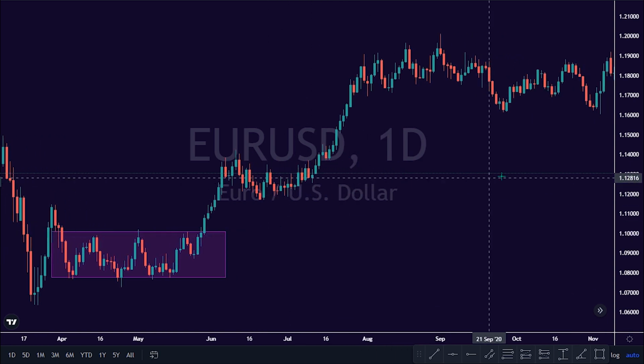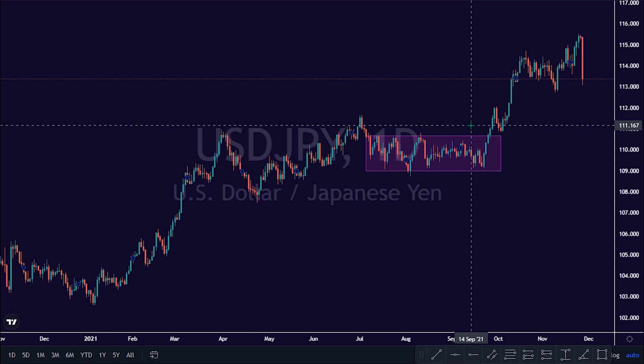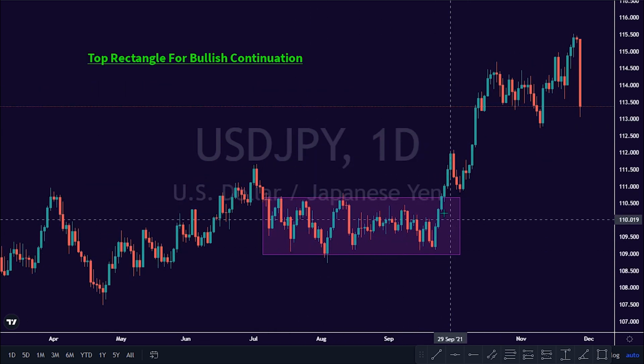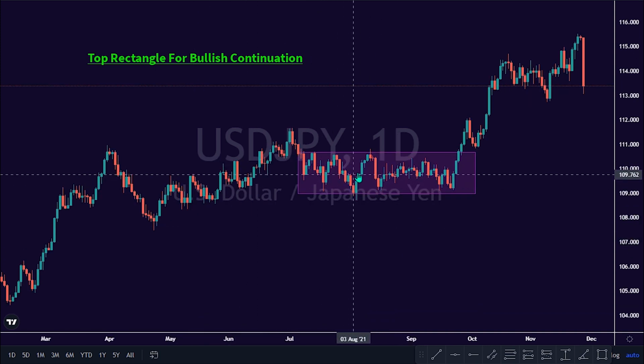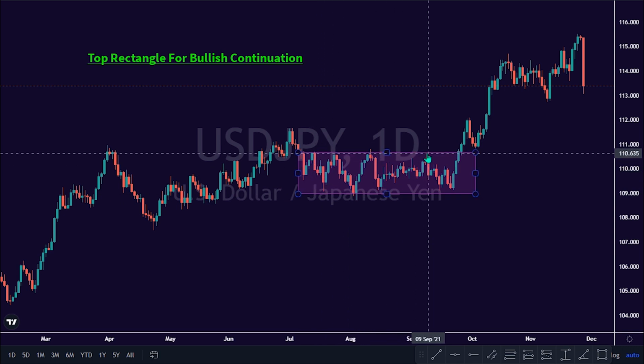It's time we discuss how to trade the rectangular chart pattern for the continuation of trend in the market. A top rectangular chart pattern is formed when price consolidates between the lower support and the upper resistance lines.